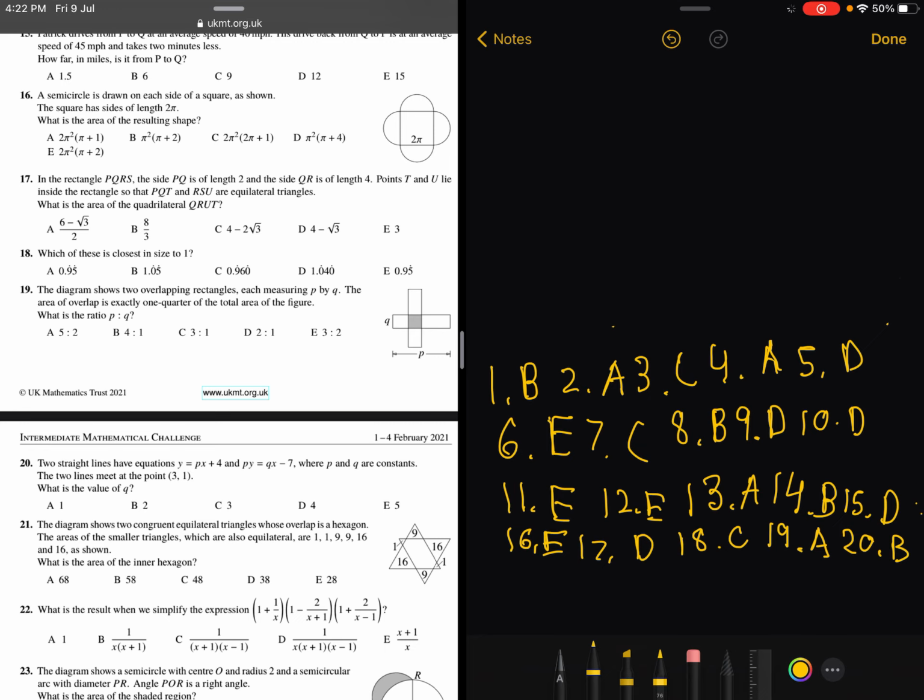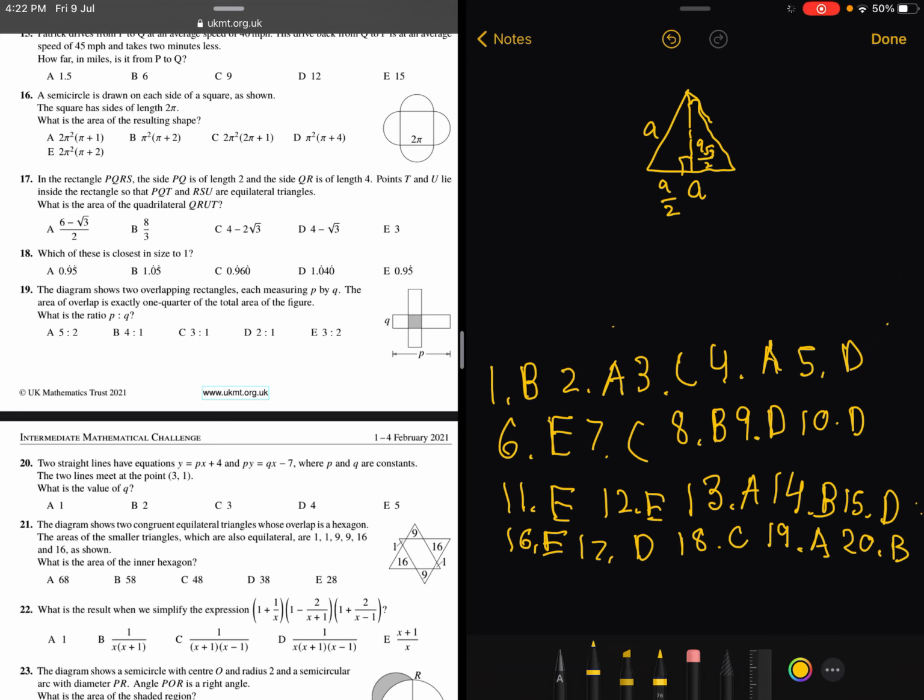So in an equilateral triangle, if we have a side length A, then we can actually drop a perpendicular so that this is A by 2, and we get this height to be A root 3 over 2.